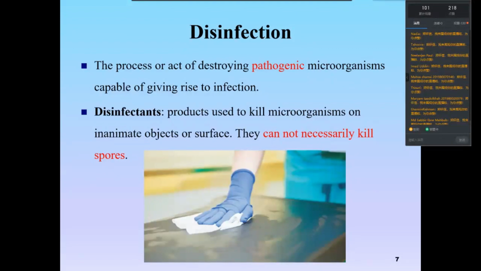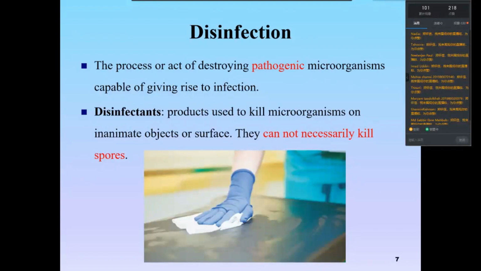For example, the table surface in public areas or the doorknobs. We can spray bleach on the doorknobs, or we can spray alcohol or bleach on the glass door in public areas, and this will destroy the pathogenic microorganisms, for example the pathogenic coronavirus, which can cause infection in humans.